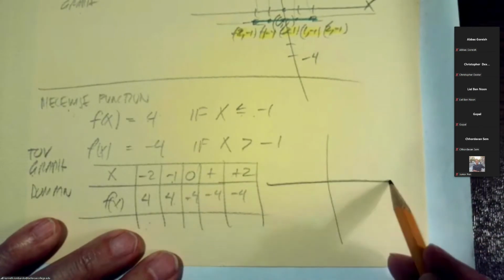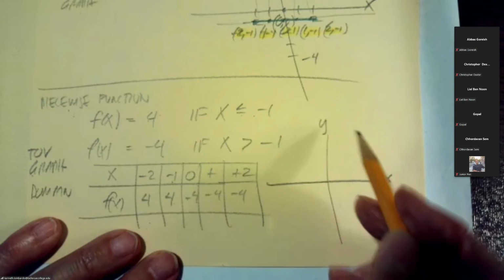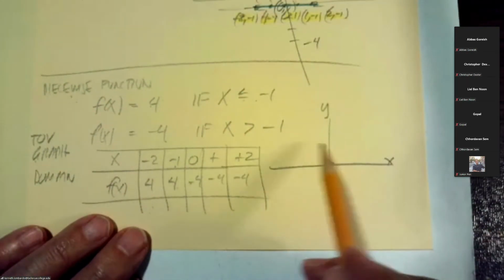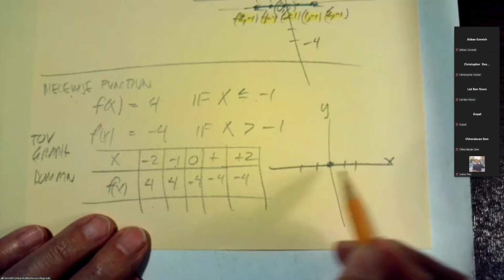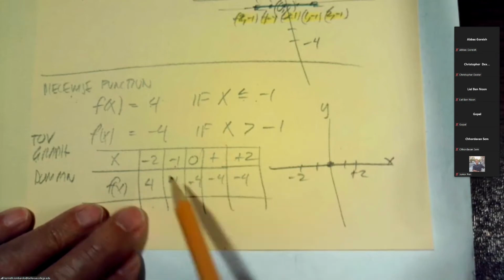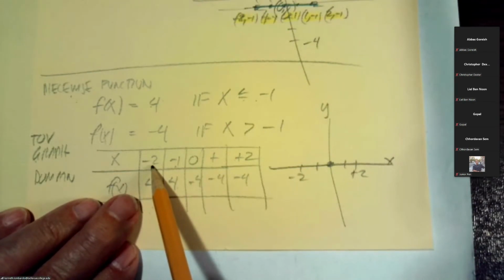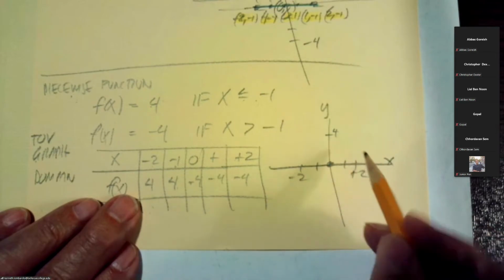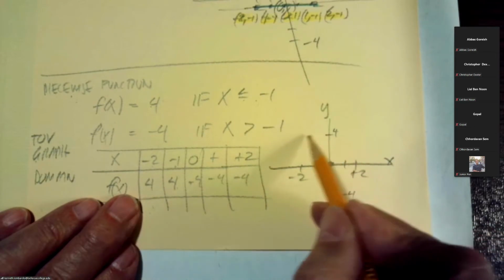And the idea here is we set up our XY coordinate plane, and we're going to have to somehow indicate where these are. So here's -2, here's +2, and -1, -2, and we're up at 4. So let's say that's 4, and let's say that's -4.